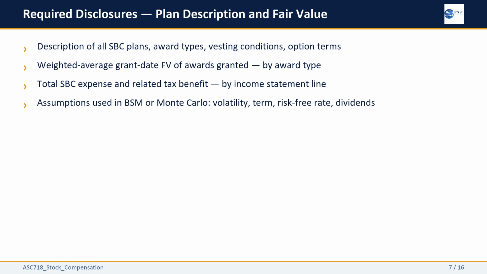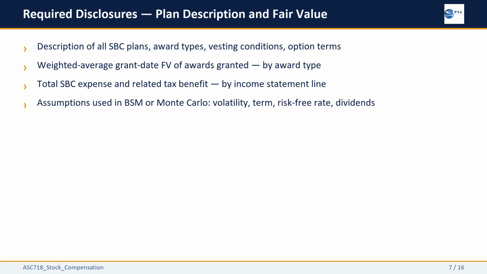Starting with the plan-level disclosures, you must describe all equity compensation plans, including the types of awards they permit, the vesting conditions attached to each type, and the maximum contractual term of options. You must disclose the weighted average grant date fair value for awards granted during the period, broken out by award type.